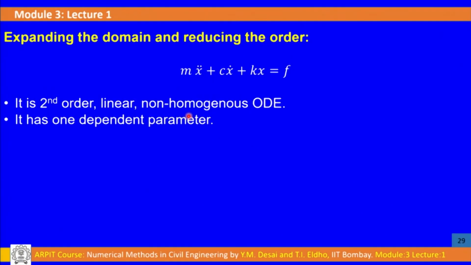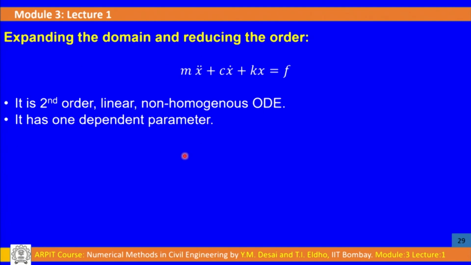One example I give here, second order ordinary non homogeneous differential equation m x double dot plus c x dot plus k x equal to f. This is the equation we encounter in vibrations. Here x is a continuous function with respect to the independent parameter time.